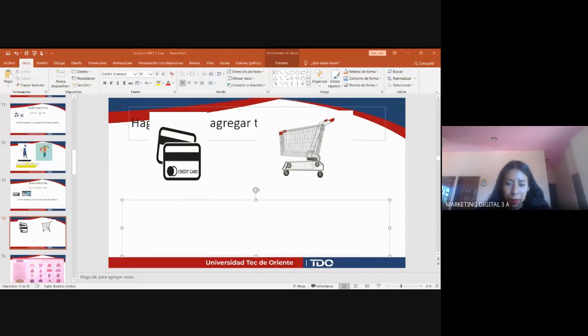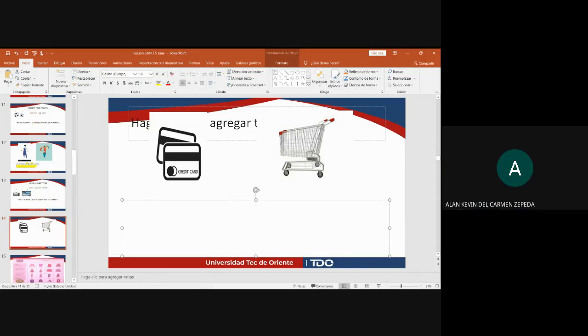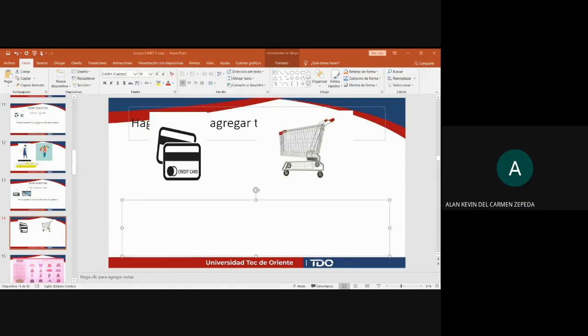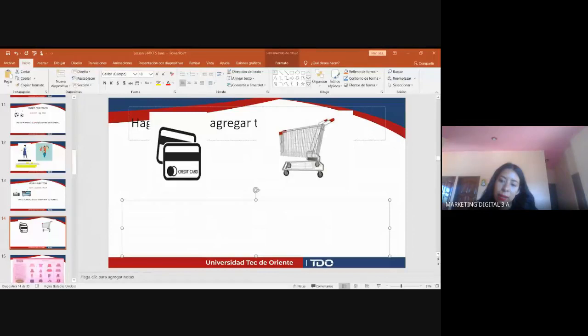Yes, the first picture is a credit card, but I'm not asking about the first picture. I am asking about the second picture. What is this? ¿Qué es esto? The first is a credit card. Yes. Trolley. Sorry? Trolley. Yes, this is a trolley.